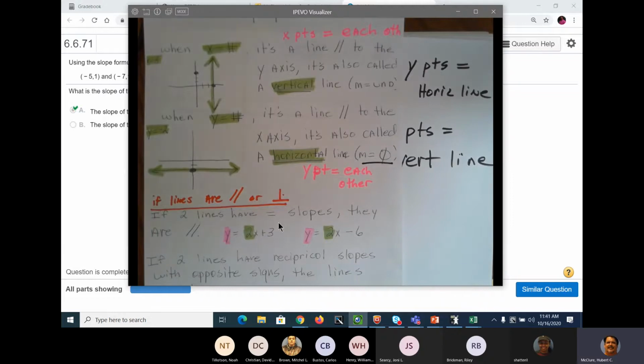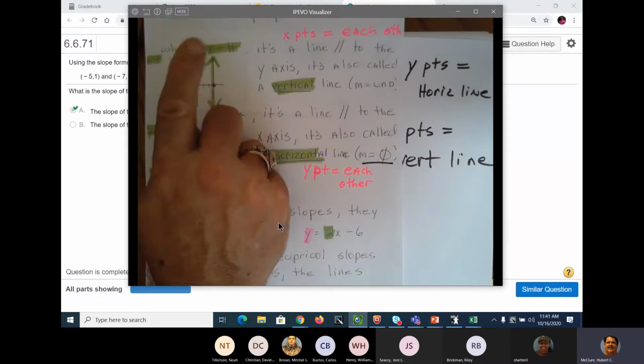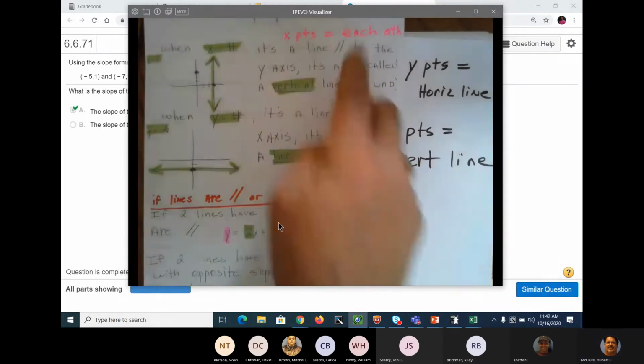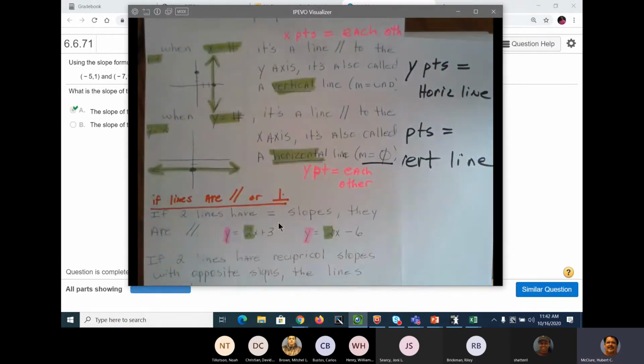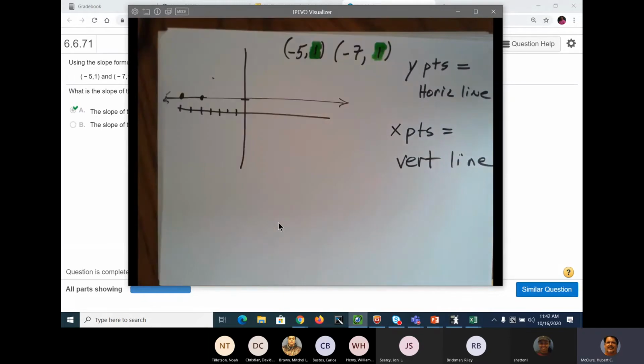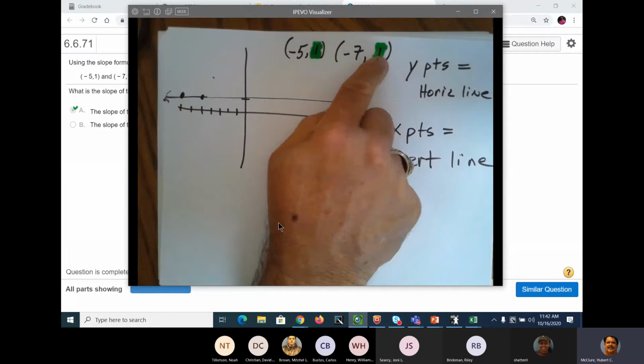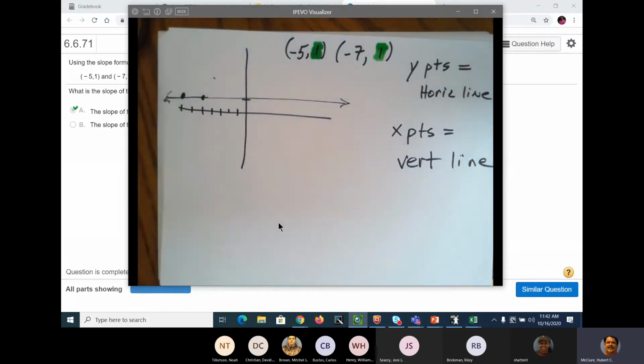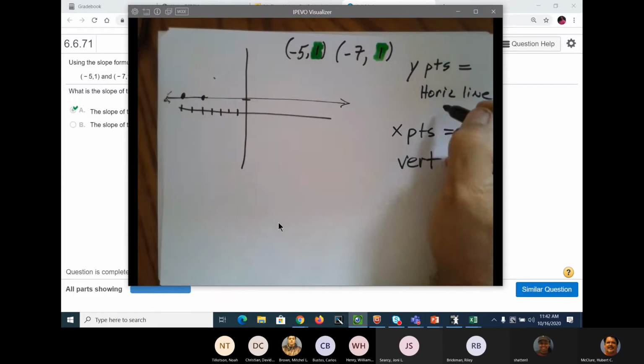So now you got 3 indicators whether you have a horizontal or vertical line. Drawing it, using the slope equation, which you didn't have to do because you know that either X points or Y points are equal. So when you look at the equation or look at the points, if the y points are equal, that means a horizontal line, which means the slope is equal to 0.